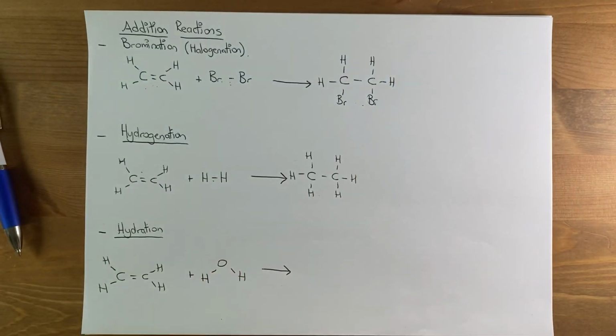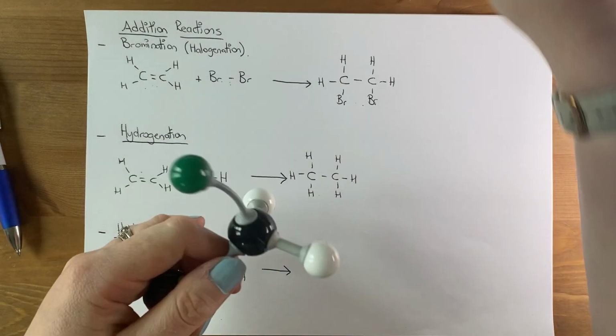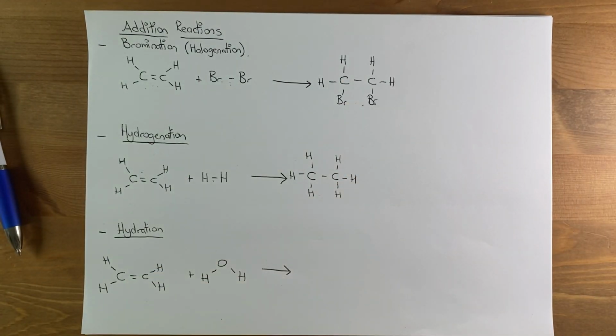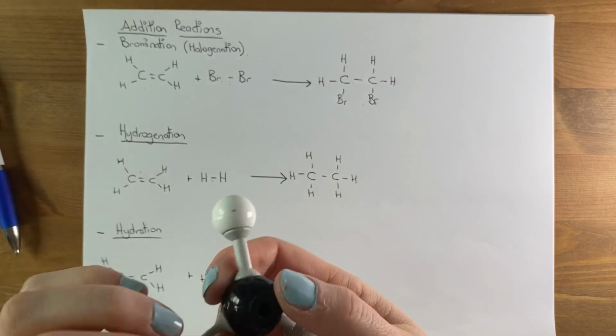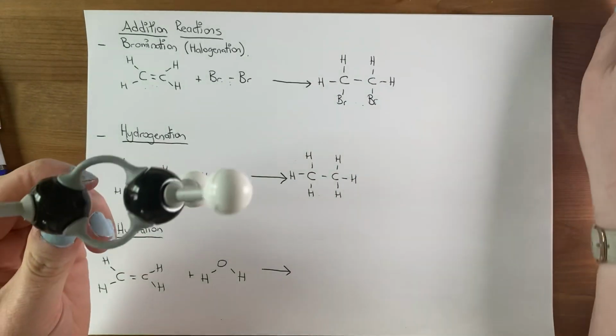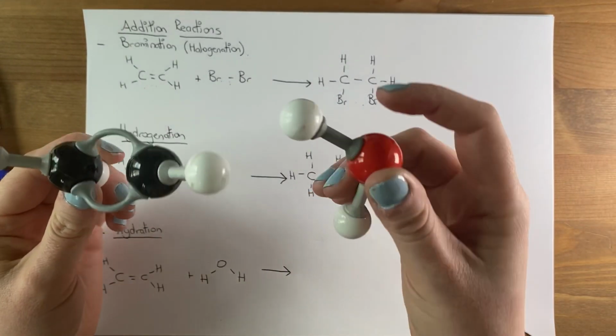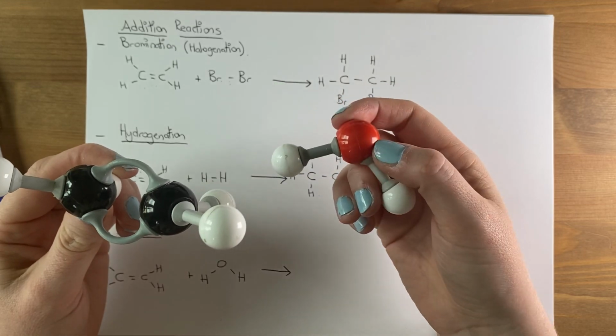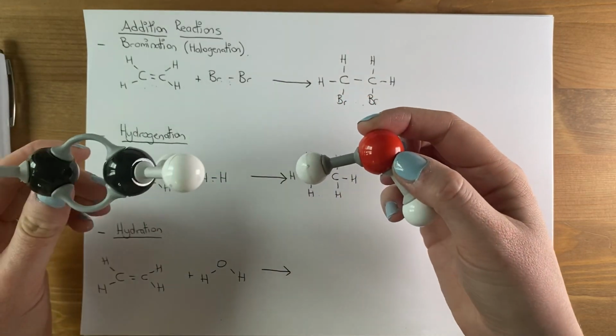Now, if I remake my ethene from before, hear the molecular model popping. So here's my ethene from before, and now I have water adding in. So here the red one is my oxygen, the two white ones are my hydrogen. Same concept applies.